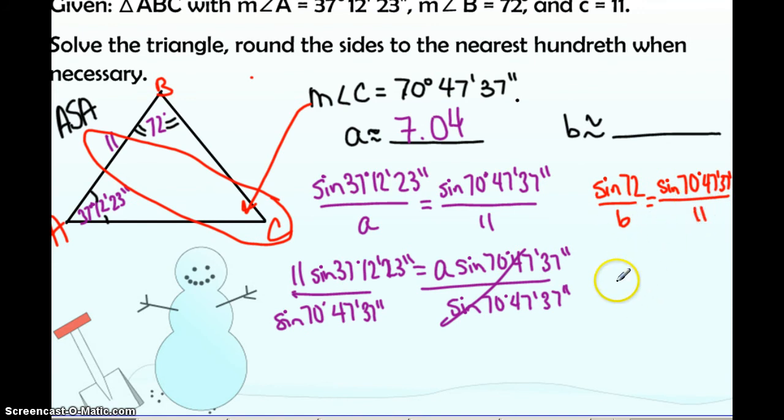Take the cross product, divide by the sine of 70 degrees, 47 minutes, and 37 seconds, so B is going to equal 11 times the sine of 72 over the sine of 70 degrees, 47 minutes, and 37 seconds. And when we plug that into our calculator and approximate to the nearest hundredth, we get 11.08.